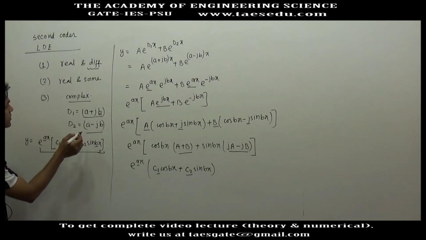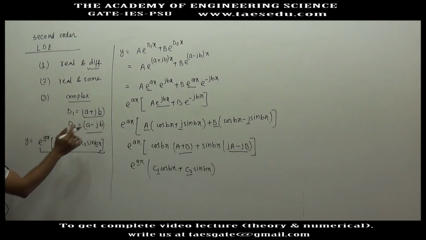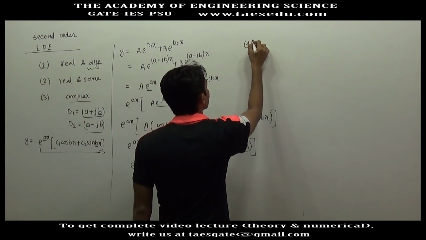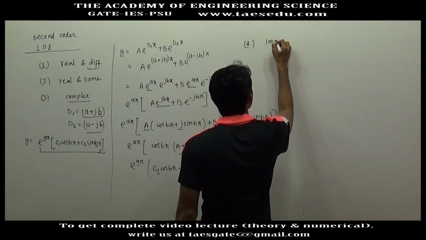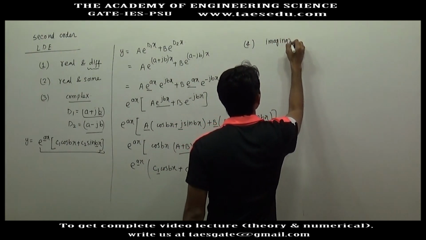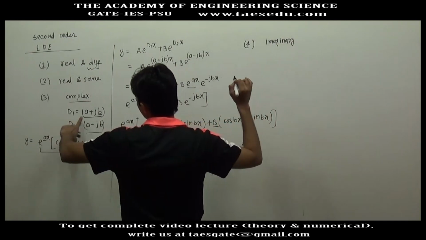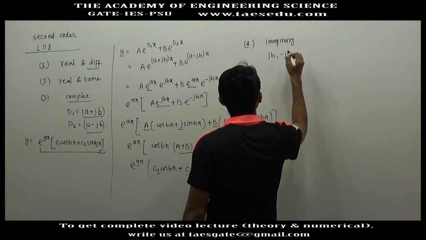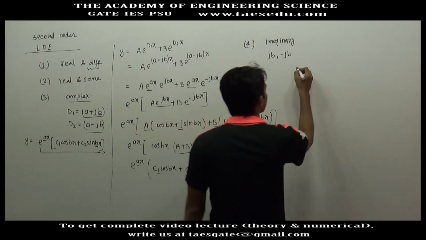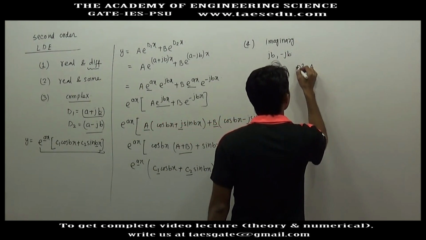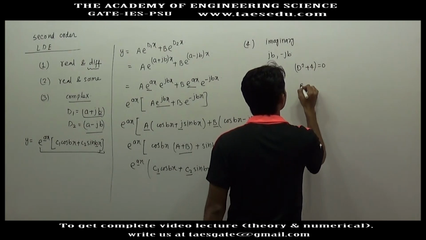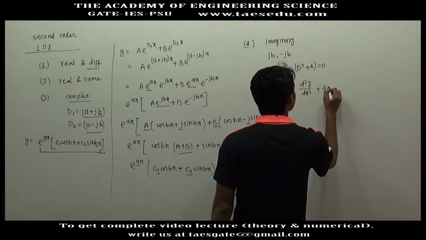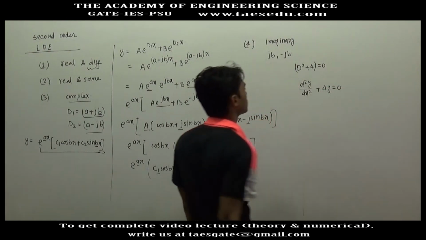Now this is the third case, and the fourth case may be a special case of the third case, when the roots are pure imaginary, meaning the real part is 0. So what will the roots be? jb and minus jb. Suppose you are getting d square plus 4 equal to 0, that is, d2y by dx square plus 4y equal to 0.